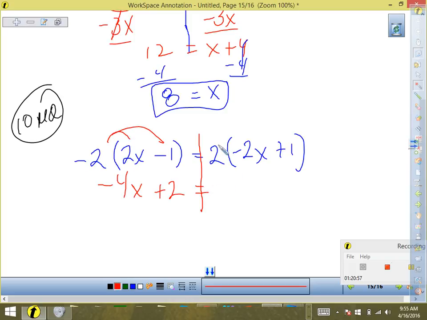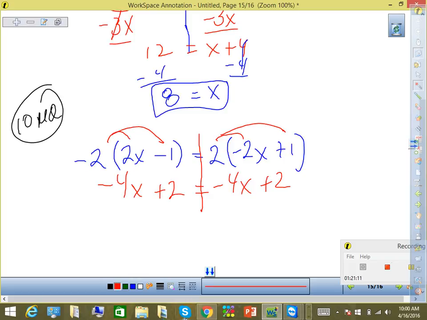Equals, distributes. This is negative 4x plus 2. Okay, before you continue from there, if you remember what this is, tell your neighbor what it is, please. All right, go ahead, Abby.